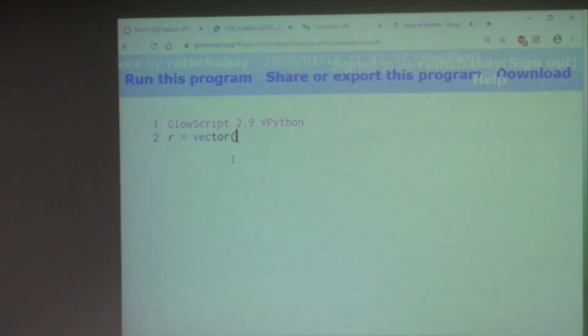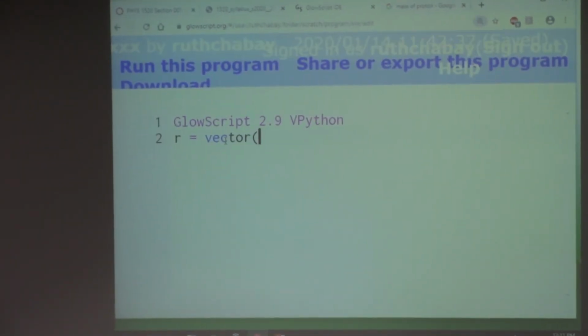So R is a vector, 3 minus 9, minus 3 minus 9, 0.